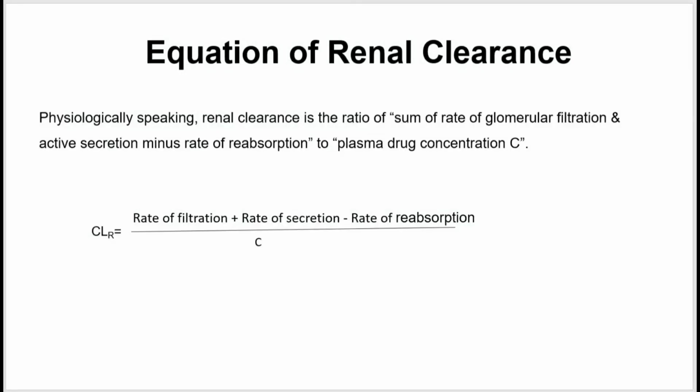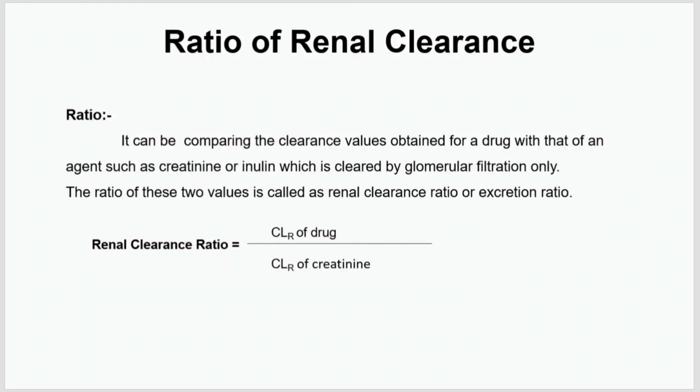Physiologically speaking, renal clearance is the ratio of the sum of the rate of glomerular filtration and active secretion minus the rate of reabsorption to plasma drug concentration. It is expressed as renal clearance equals rate of filtration plus rate of secretion minus rate of reabsorption, divided by concentration.